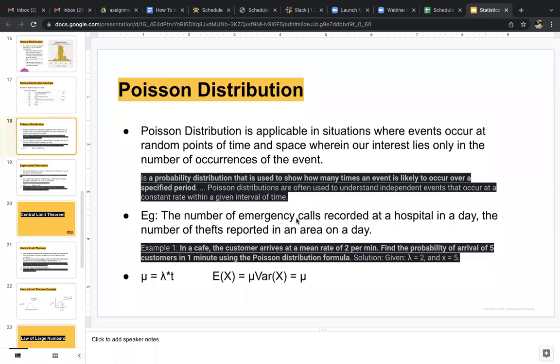Such types of problems can be plotted or visualized using the Poisson distribution. One more example is the number of emergency calls recorded at a hospital in a day, or the number of thefts reported in an area on a day. Such situations or instances can be plotted using the Poisson distribution.